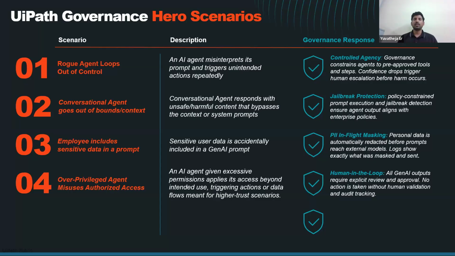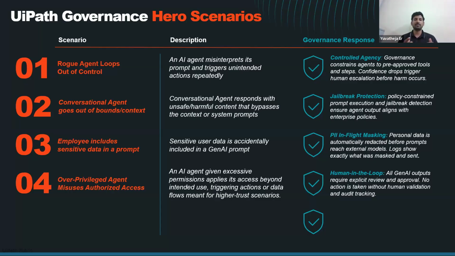For that, you have human in the loop intervention. All Gen AI outputs require explicit review and approval. The outcome of this agent will be reviewed by a human before the actual action is taken on the system level. So even if you have given a higher level of control to the system, you can still govern it so that it won't explicitly do its actions on the system itself.